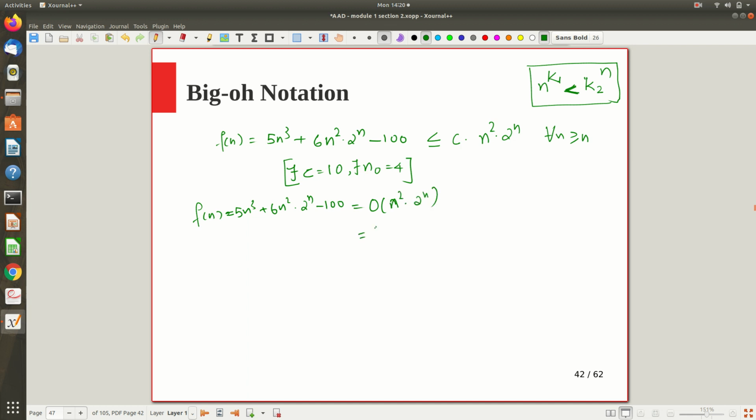Or if you want, you can say the same quantity, some bigger value you can assume, like n cube into 2 power n, or n square into 3 power n, or big O of n cube into 3 power n. Like that you can assume anything.